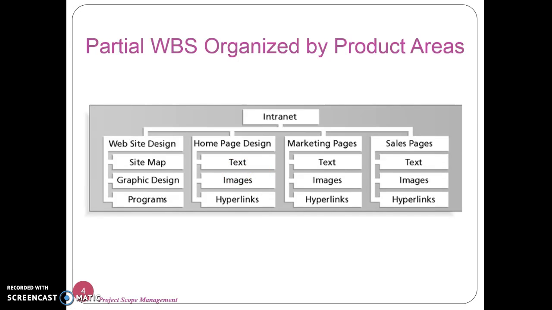Images must be in good quality, and hyperlinks for some references. The marketing page and the sales page include the same text, images, and hyperlinks. But try to understand, in our website the most important part is the sitemap, how you create a sitemap.